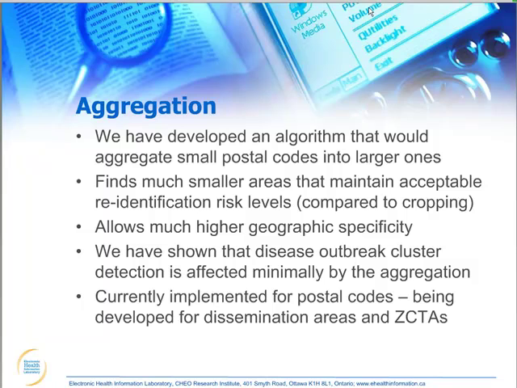I'll load a very simple data set just to illustrate, and this data set only has the postal code. So I will run the cropping on the postal code data set. This is a cross-sectional data set, and we'll do the cropping on it.